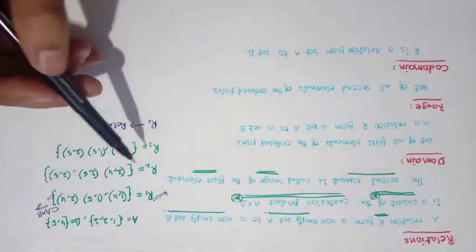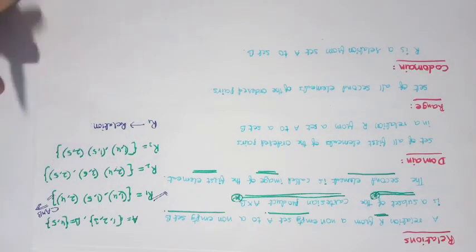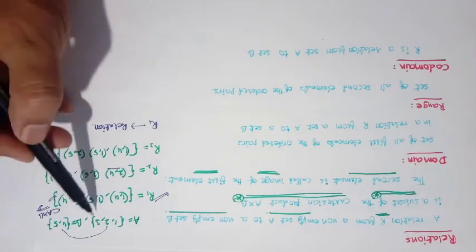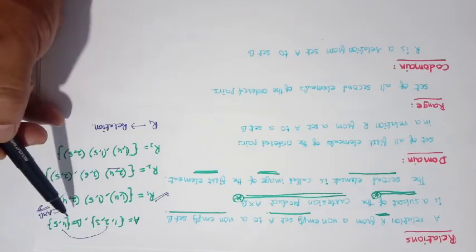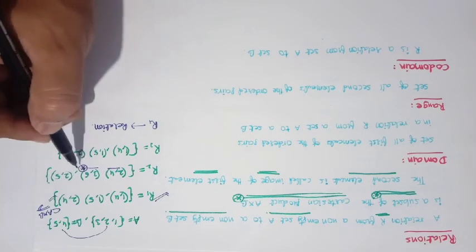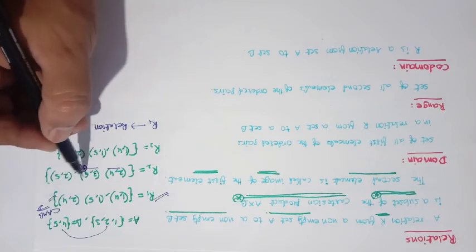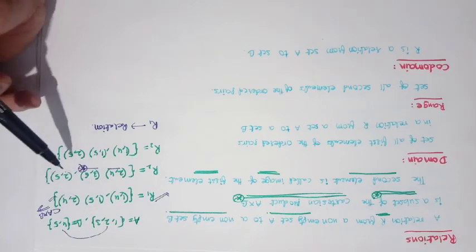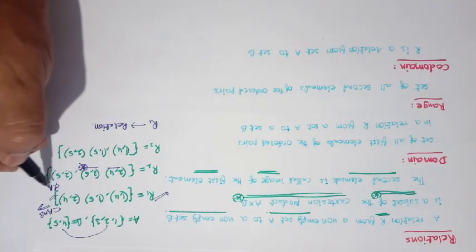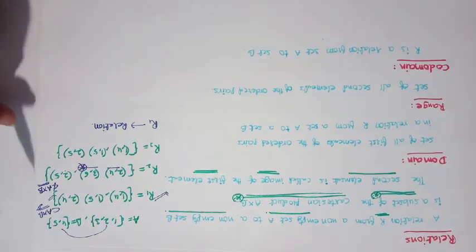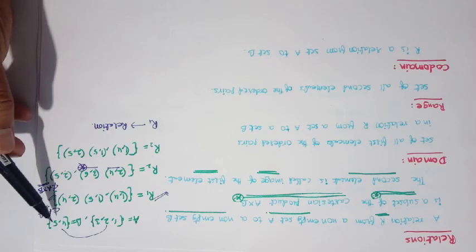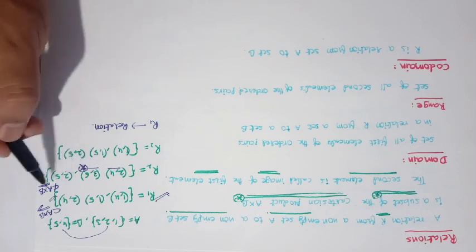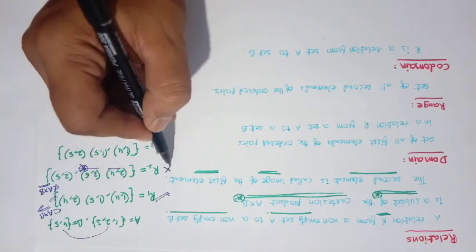Now coming to the second, R2: (2, 4), (3, 6), (2, 5). (2, 4) is okay, and the second (3, 6), where the element 6 is not there in set B, so this element does not lie. 6 is not coming from set B. And (2, 5) is okay, it is a proper element, but R2 is not a subset of A cross B, because set B does not contain the element 6, so (3, 6) cannot be an ordered pair lying inside A cross B. So R2 cannot be a relation.